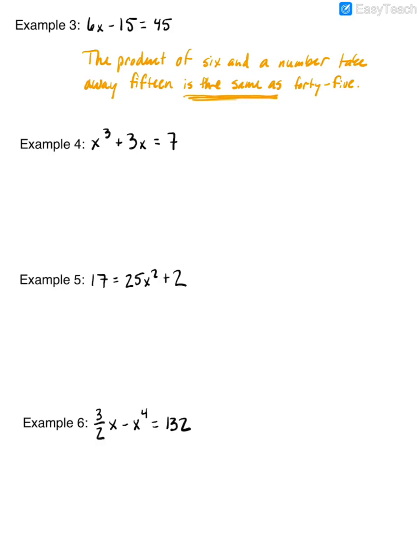Now we've got some more complicated ones here. So x cubed plus 2x equals 7. A number cubed would be a good one, or to the third power, added to 3 multiplied by a number is 7.